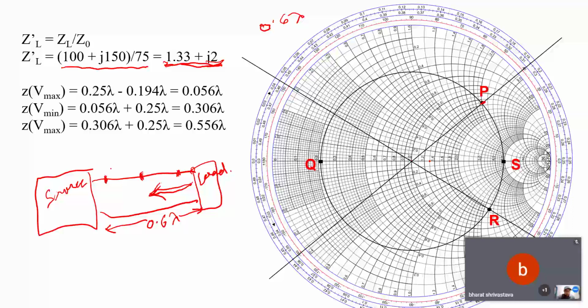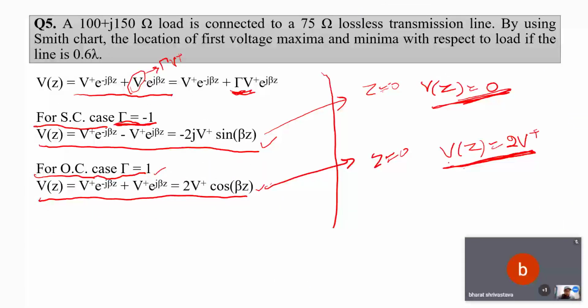As we know, this represents the impedance circle, so here is the short circuit point, whereas here is the open circuited point. From our previous study we have seen that when you cross the open circuited line, there is a chance of voltage maxima, whereas when you cross the short circuited line, there is a possibility of voltage minima.